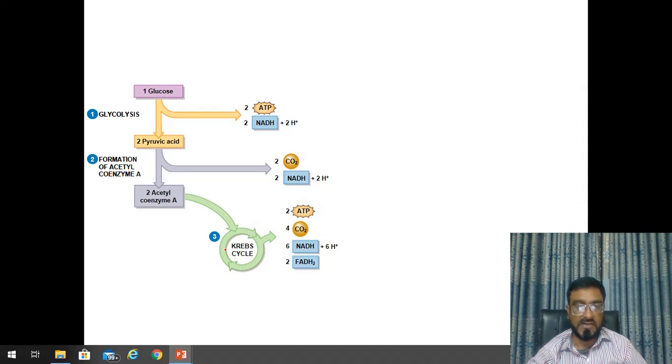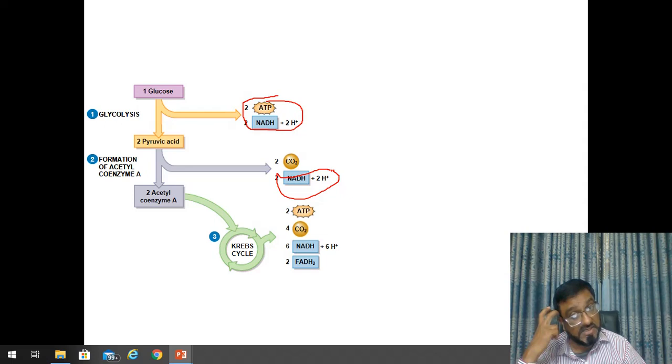for the Krebs cycle. You can see that at each step there is production of NAD in its reduced form of energy, NADH, which may undergo the electron transport chain for generating ATPs through oxidative phosphorylation. When pyruvic acid is converted into acetyl CoA, again there is generation of NADH.